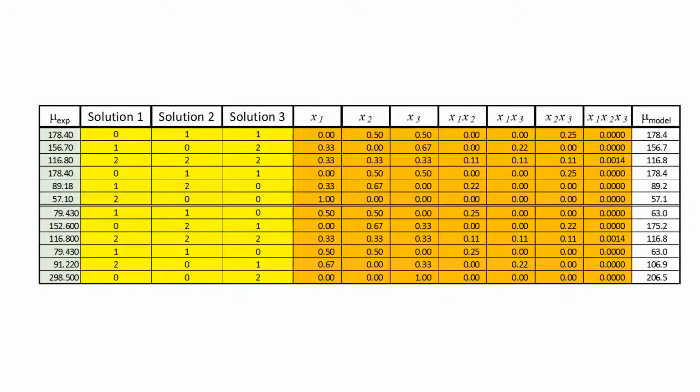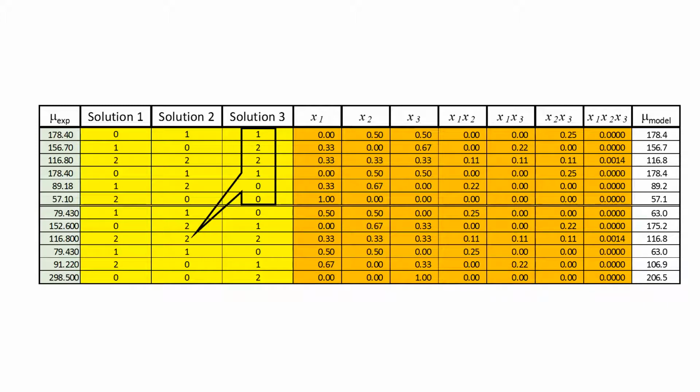I'm going to do this by using the Taguchi method levels from solution 1 and putting them over to solution 3. From solution 2, I'll put them over to solution 1, and solution 3 to solution 2. So now I have different compositions than what I derived the model for.